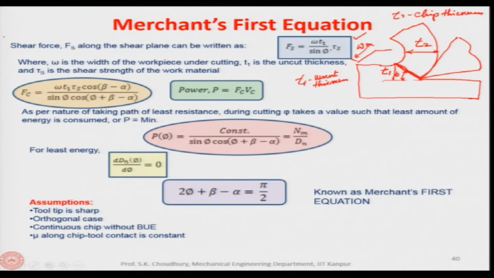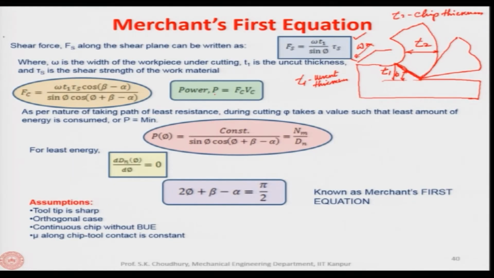Tau s is basically nothing but the strength of the workpiece material. Here T1 is the uncut thickness, W is the width of the workpiece, and tau s is the shear strength of the work material. So, if we put these values, Fs is W T1 tau s by sin phi, and Fc is Fs into cos of beta minus alpha divided by cos of phi plus beta minus alpha.